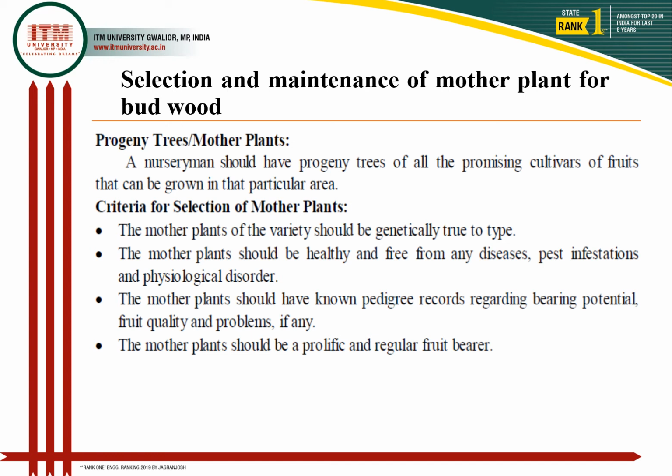It should be free from weeds. It should have very well-known pedigree records. Their parents and their source are always important, as are their ability to bear, the quality of their fruits, their problems, their yield efficiency and their productivity. All records need to be managed properly.